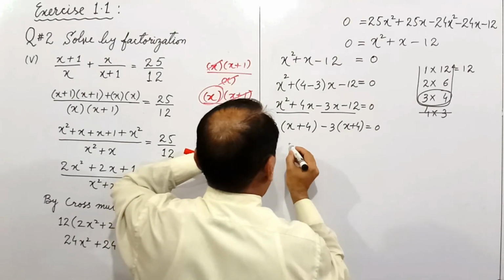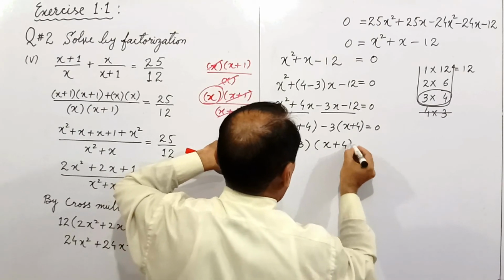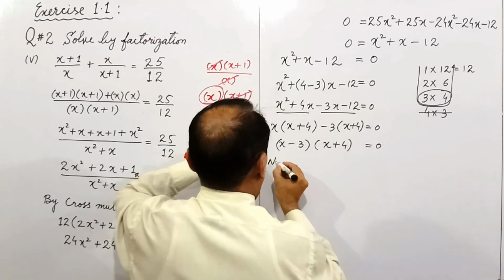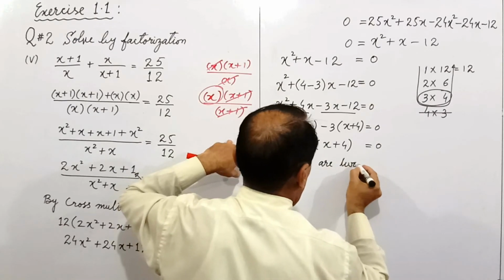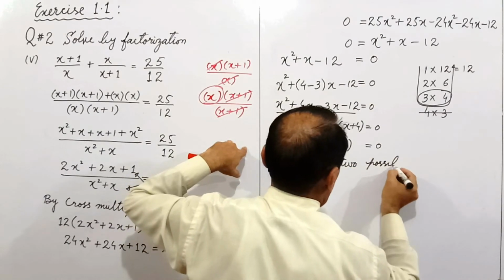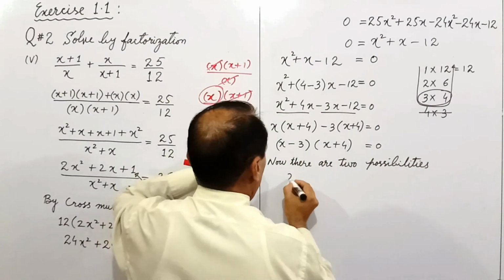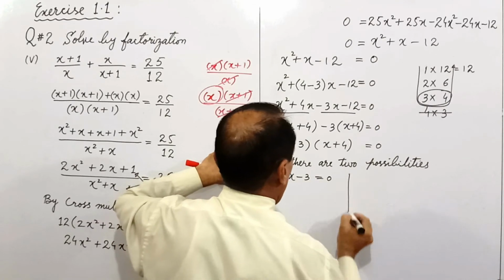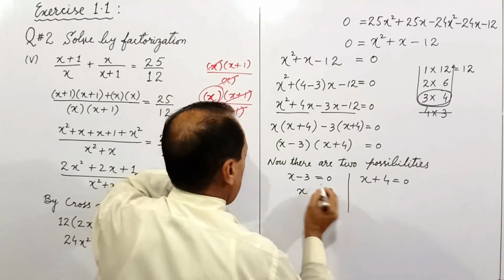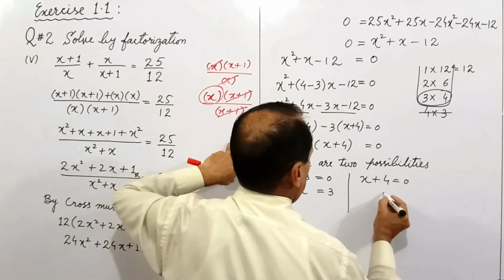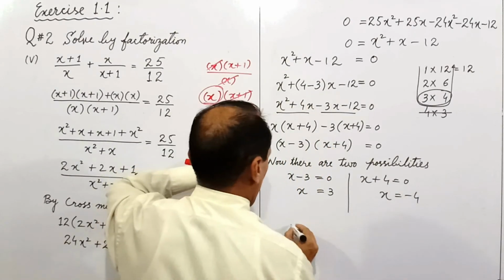By applying the right property of taking common, we write x minus 3 as the first factor of the product and x plus 4 as the second factor. Now, there are two possibilities: x minus 3 is equal to 0 and x plus 4 is equal to 0. x is equal to 3, as minus 3 is taken to the right hand side, it becomes plus 3. x is equal to minus 4, as 4 is taken to the right hand side, it becomes minus 4.